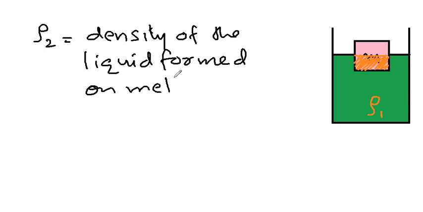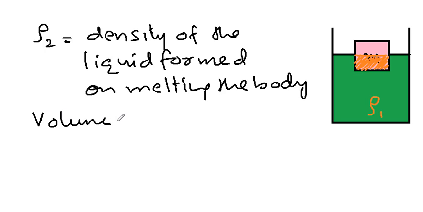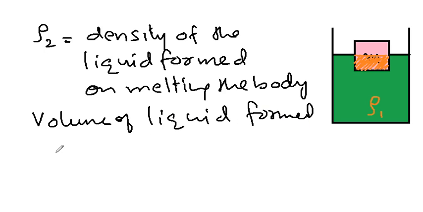On melting, the body will form a liquid, its density is ρ2. What is the volume of the liquid formed by melting? How to calculate volume of liquid formed? Let me call it VF, volume of the liquid formed.